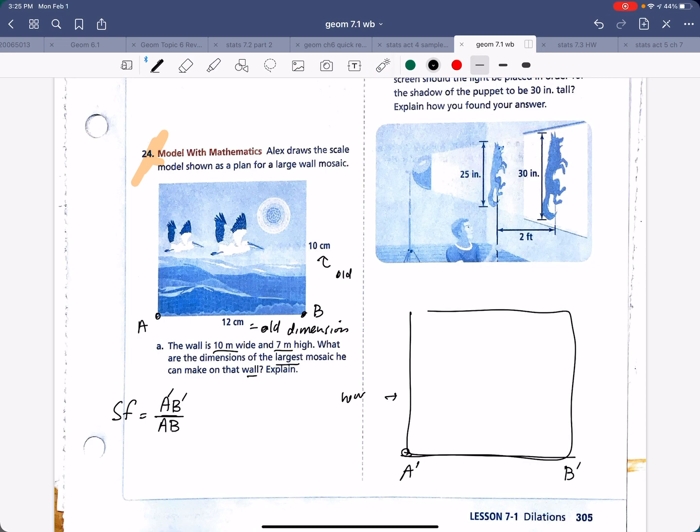So if my new length is 10 meters wide, so AB is 10 meters, then my old dimension of width is 12, and my new is 10. Now let's look at my height, so I'll call that C, C prime. So that's 10, and my new one is 7.